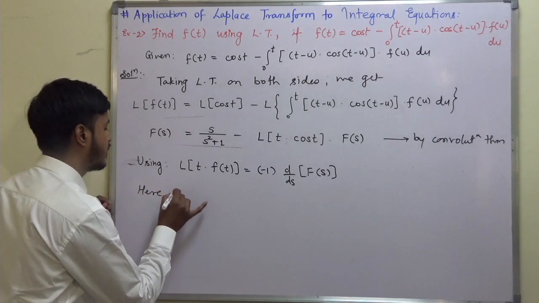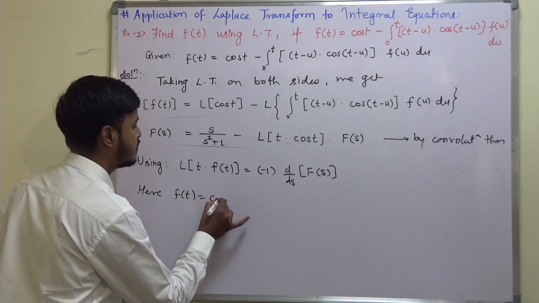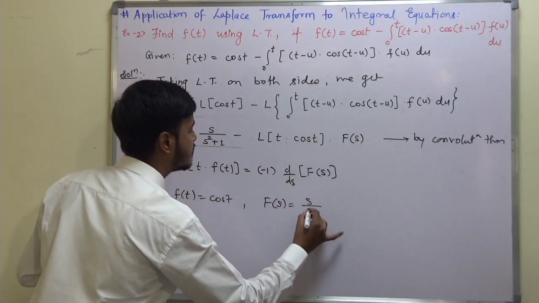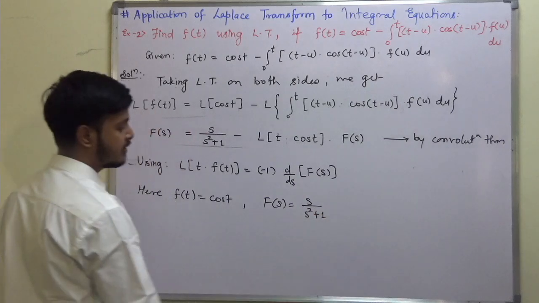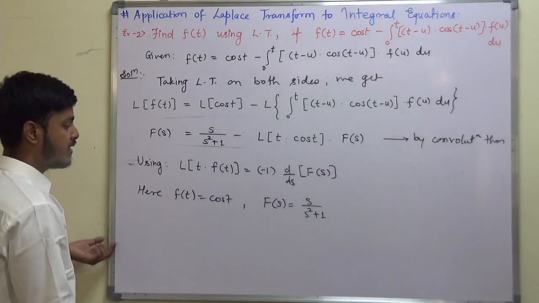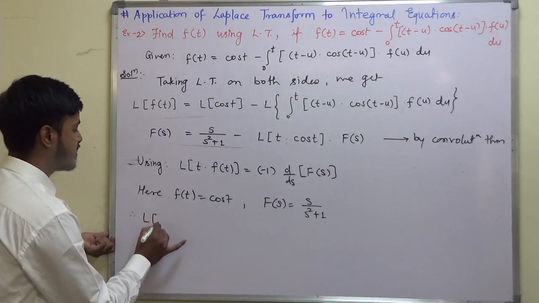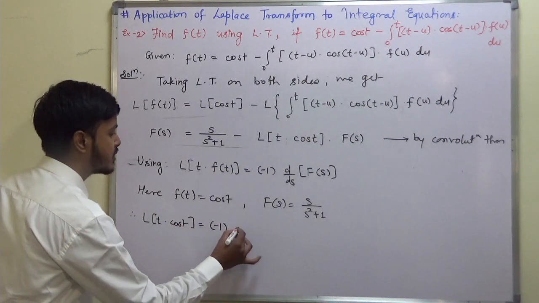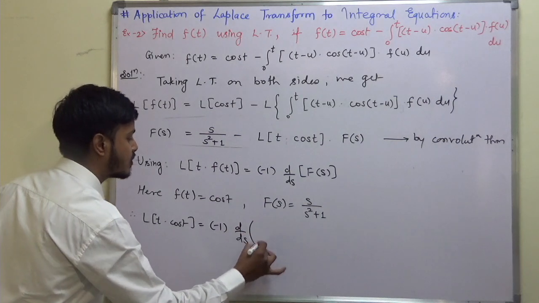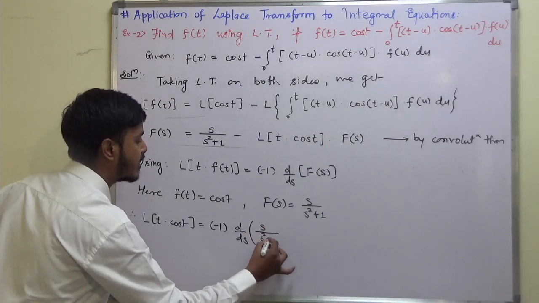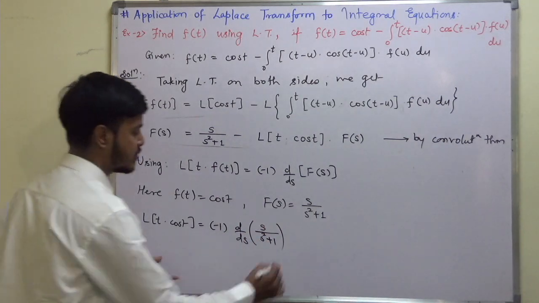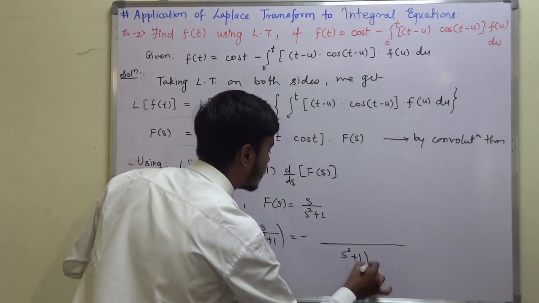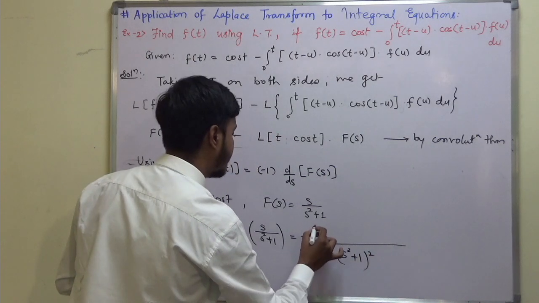Here f of t is equal to cos t, so f of s is s upon s square plus 1. So Laplace transform of t into cos t is equal to minus 1 dds of s upon s square plus 1.